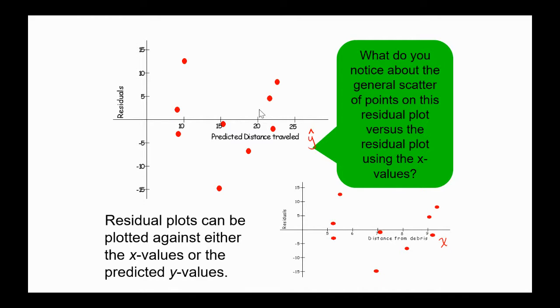And it may be quicker, instead of undoing everything we've done, just reset your calculator. Because you'll have to remember to go back and change stat plot back to L2.